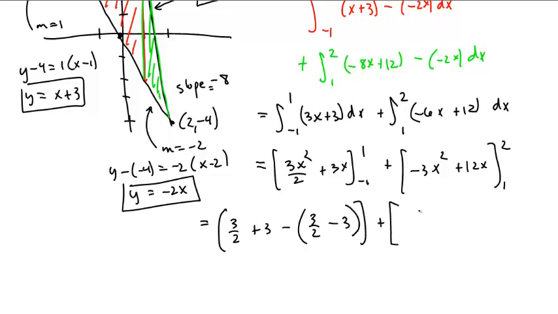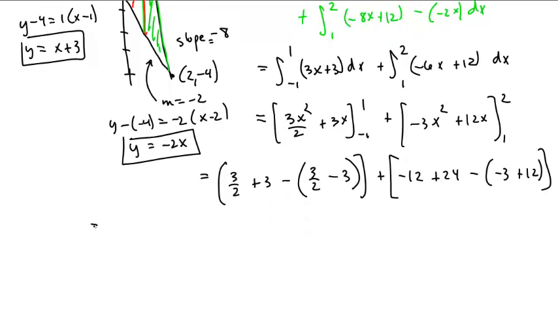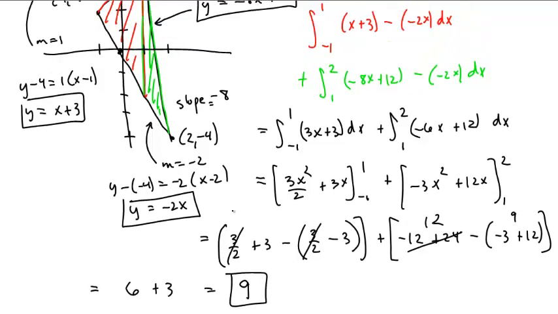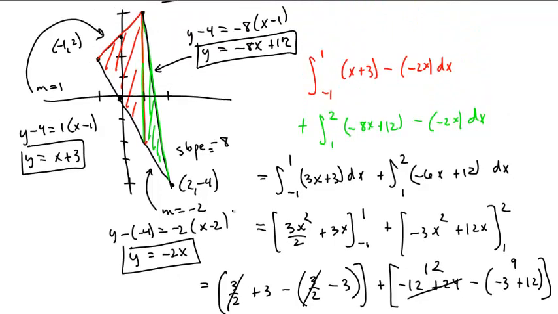And then over here we have negative 12 plus 24 minus negative 3 plus 12. So what happens? 3 halves minus 3 halves goes away, but 3 minus negative 3 is 6. Over here, that is clearly 12, and this is clearly 9. 12 minus 9 is 3. 6 plus 3 is 9. That triangle has an area of 9.